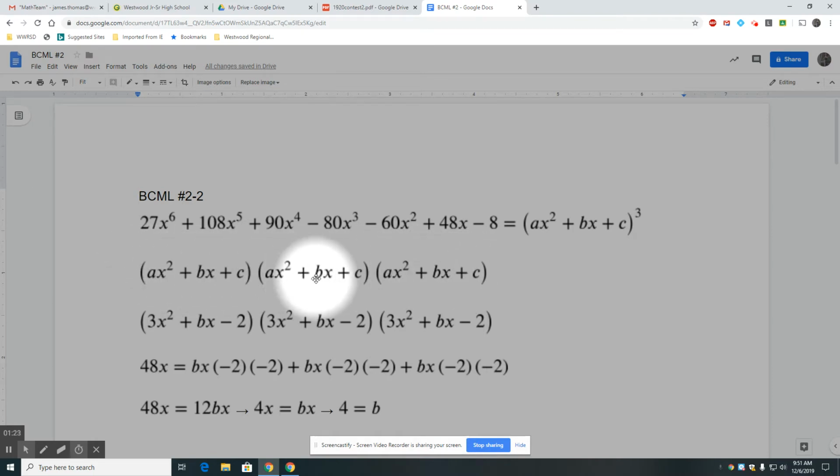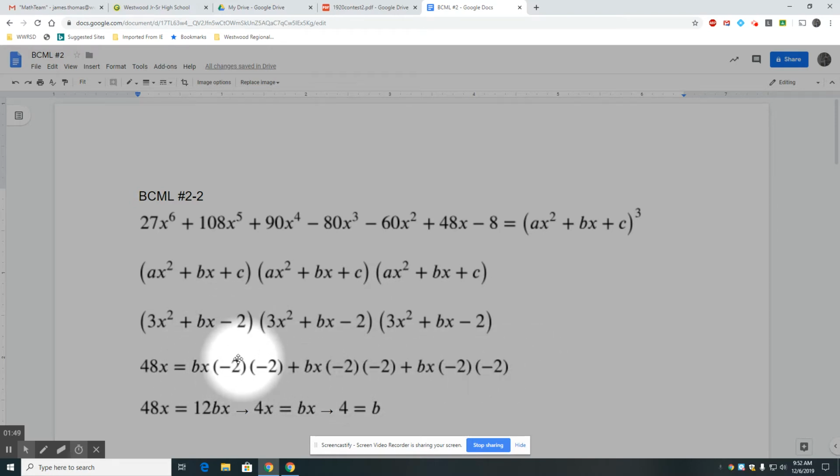So instead, we're going to focus on one of the terms, and we're going to focus on the plus 48x, okay? The way that we're going to get the 48x is when we do the bx times the negative 2 times the negative 2. This bx, the middle one, times the negative 2 and the negative 2. And this third bx times the negative 2 and the negative 2, because those are going to give me the x terms.